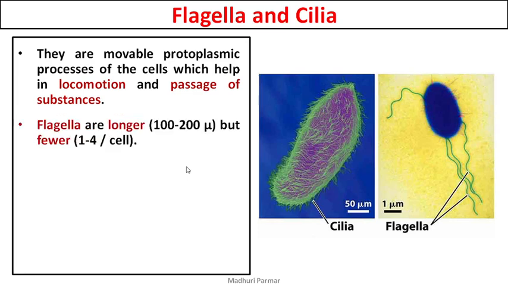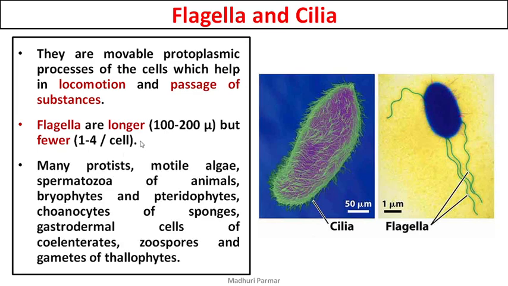Now if we talk about flagella, these flagella are longer. How long? 100 to 200 micron, but they are fewer in a cell. If this is one cell, it may have 1 to 4 flagella. Many protists, including Euglena, have flagella, right?